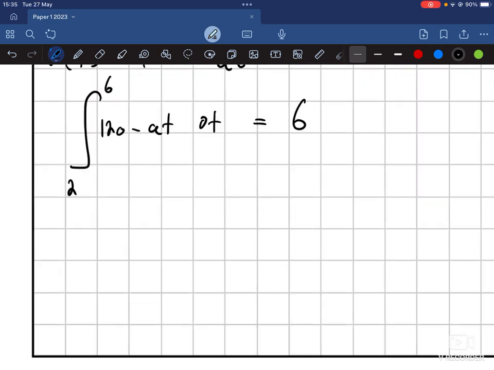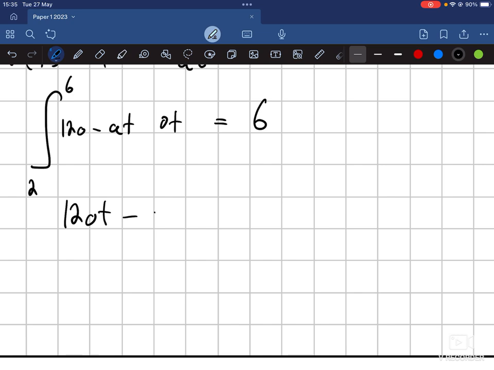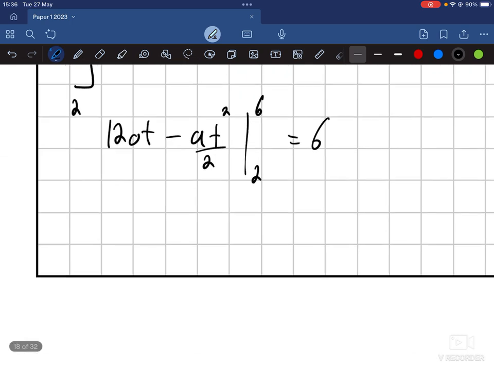Okay, let's just see if that comes out nicely. So that's going to give me 120t minus AT squared over 2, evaluated between 6 and 2, equals 6.